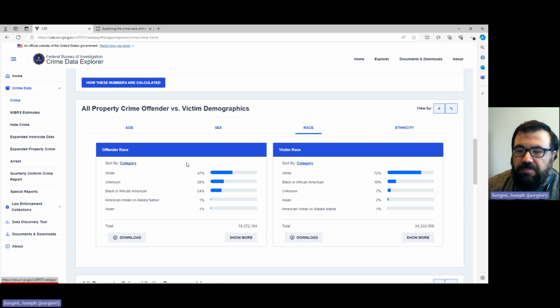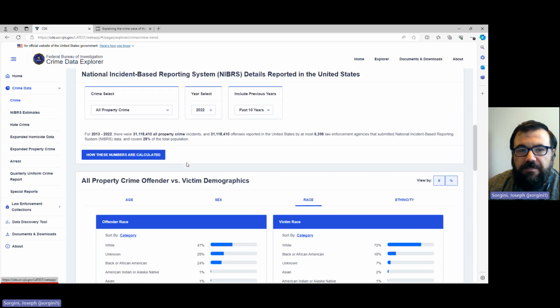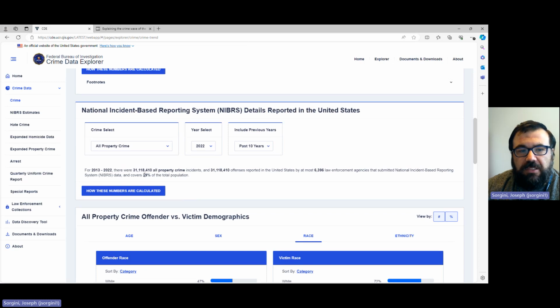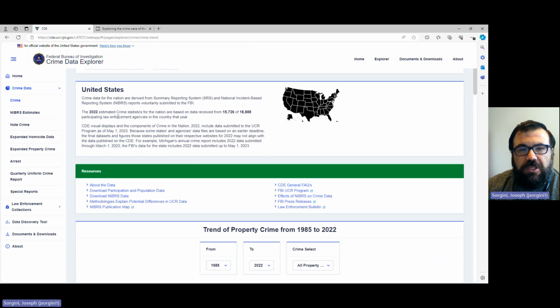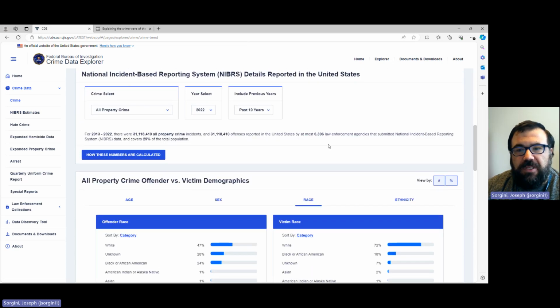It really allows us to get a pretty accurate picture of what the crime rate is, and then on top of that, what has been reported. And we see here the NIBRS is a little bit different than the UCR, where they mention up here the UCR had about 15,726 agencies reporting. The NIBRS is different because only about 6,000 law enforcement agencies reported.